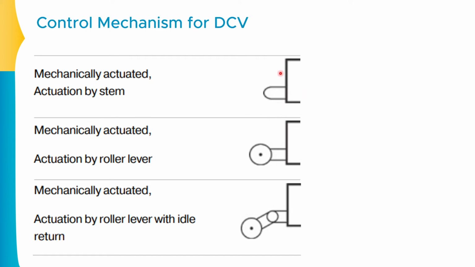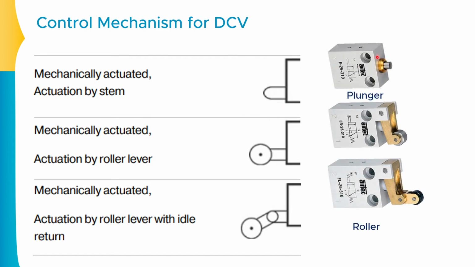Let me just practically show you what the actual device looks like. So these are the actual devices. This is one direction control valve, and as you can observe, the symbolic representation is available over here. If you see closely, you will be able to observe that this specific valve is the 3 port 2 position valve, and it is represented with the help of this specific symbol.